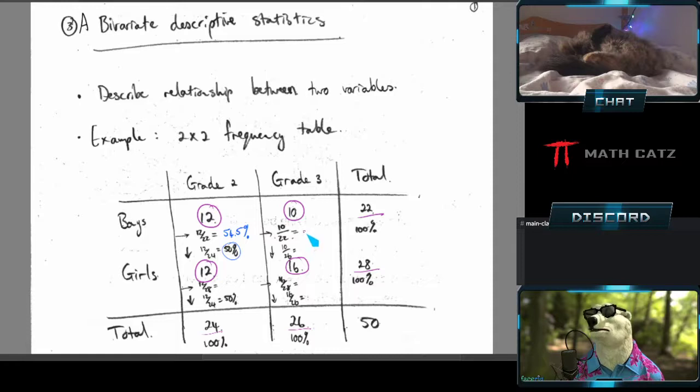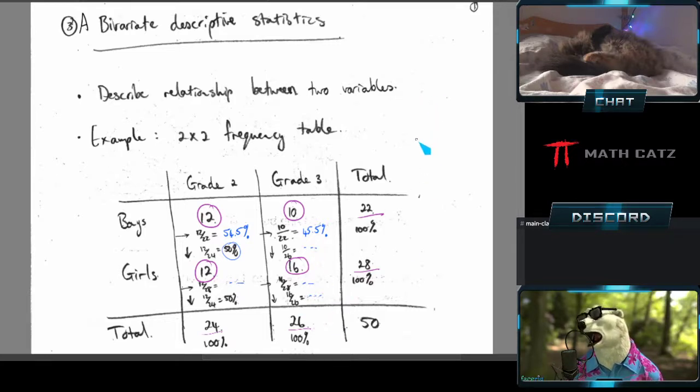And then of course the other side of it were boys in grade 3. Calculate 10 out of 22, I get 45.5%. And I'm going to leave the others to you. That's not hard to do.